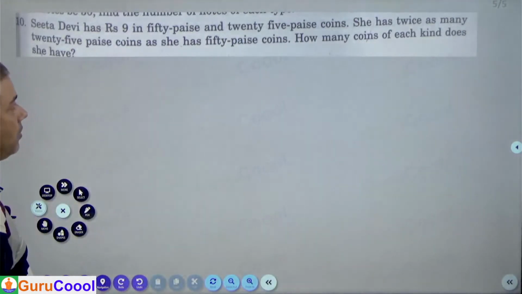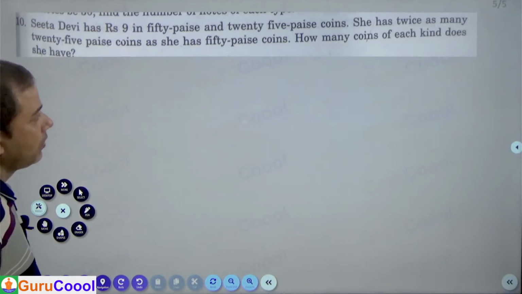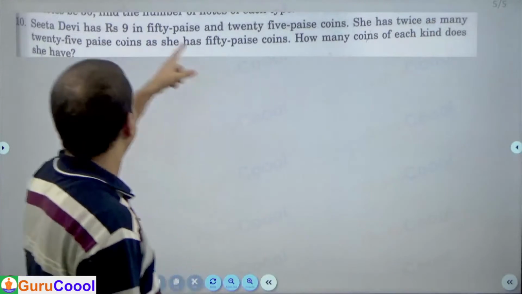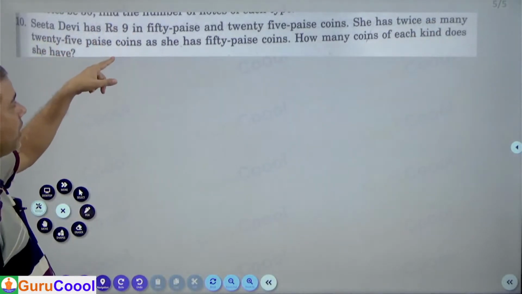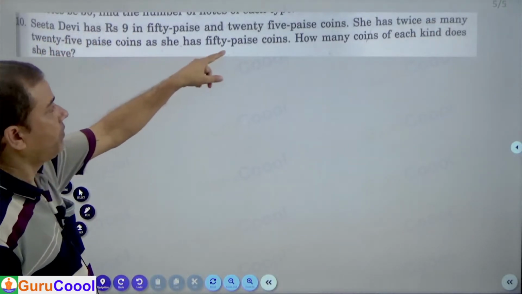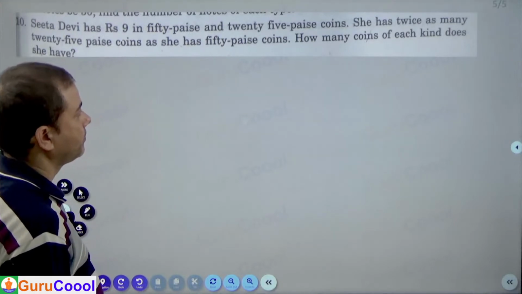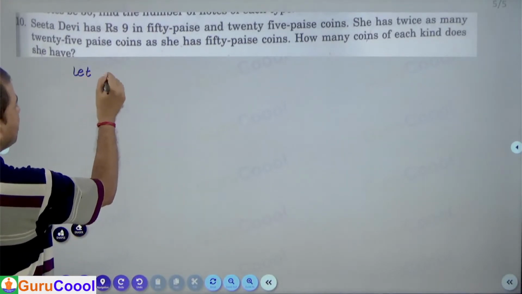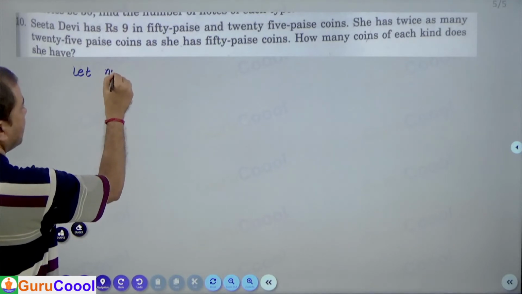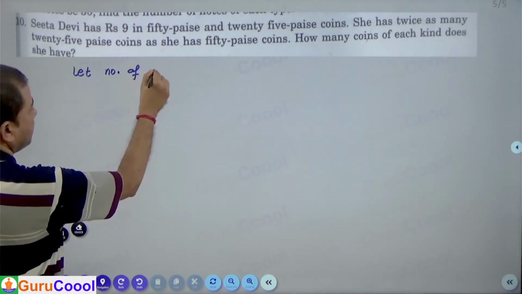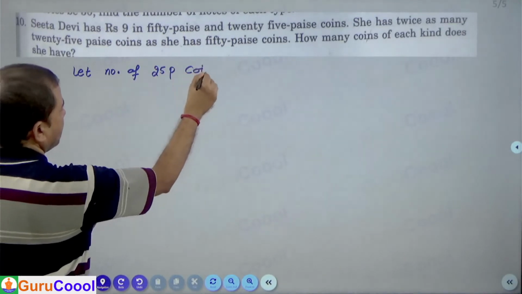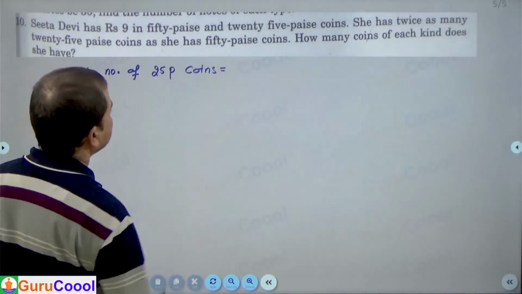Okay, question says she has twice as many 25 paise coins as she has 50 paise coins. That means let the number of 25 paise coins be, how much?